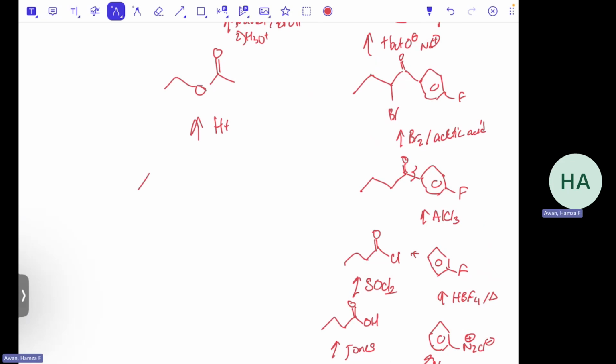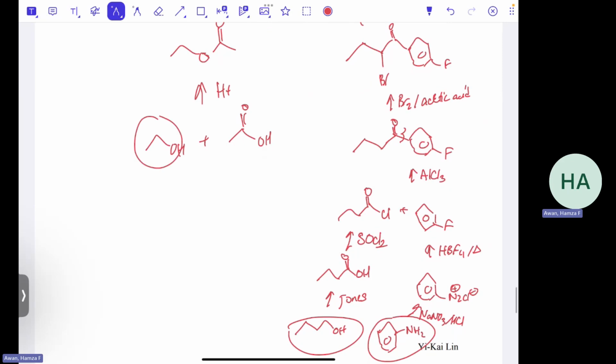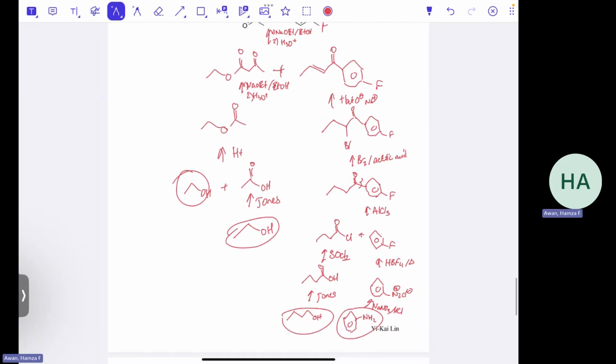And then this will add a 2-carbon alcohol, so ethanol, plus our carboxylic acid. And we have our ethanol, that's fine. And our carboxylic acid can be formed by Jones one more time, and we have our 2-carbon alcohol again. So that is our synthesis.